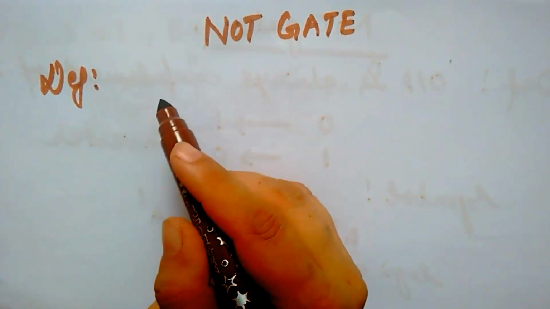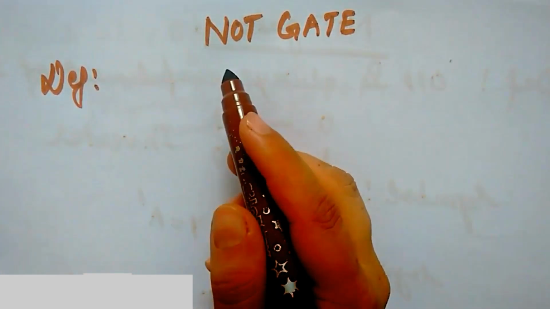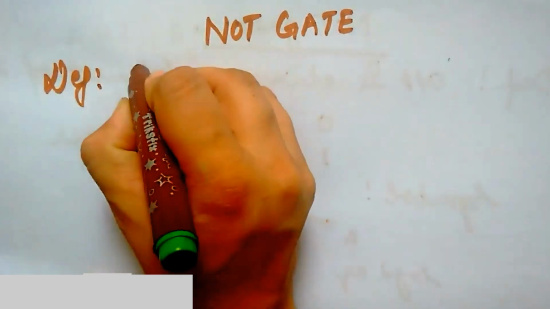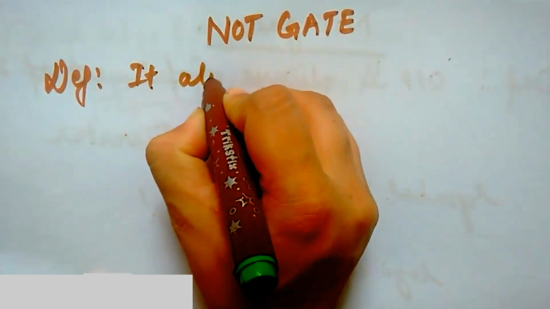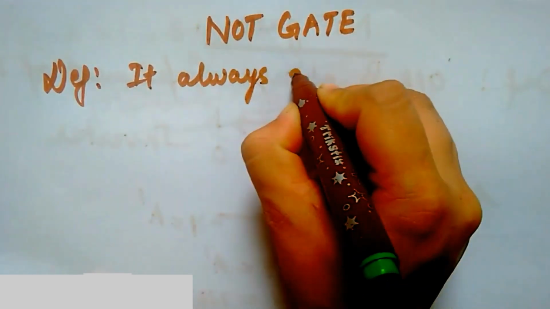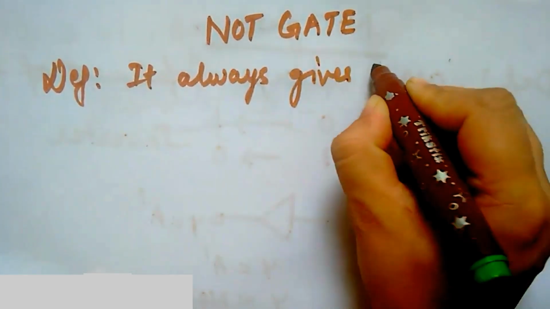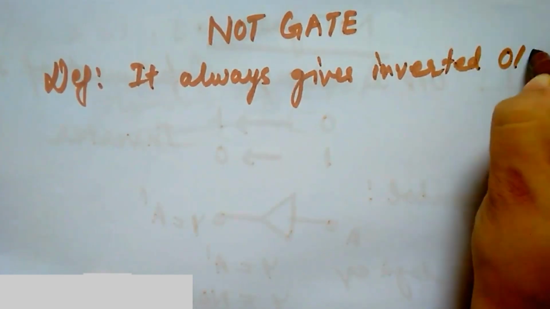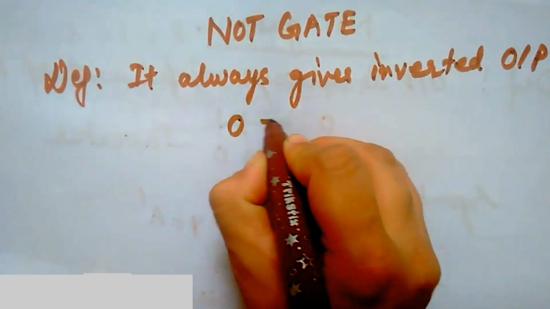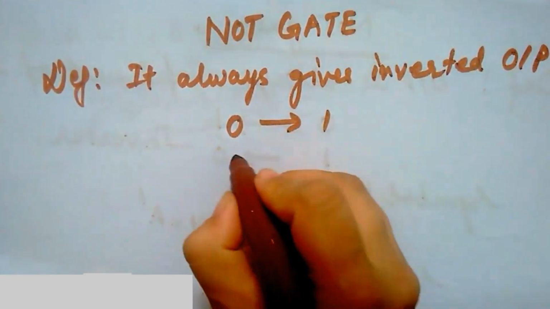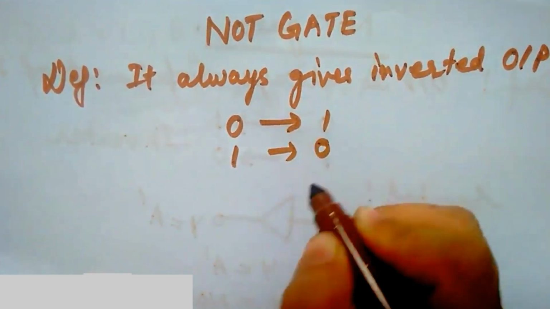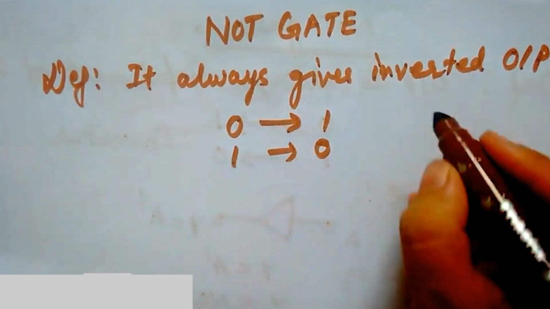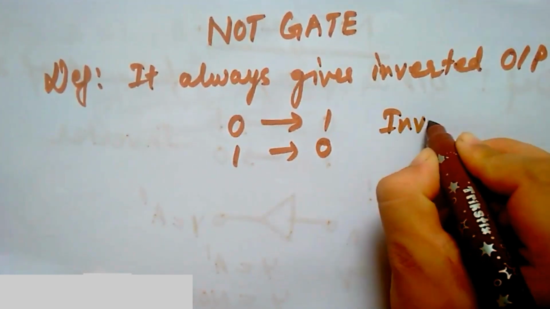So, NOT gate. The definition of NOT gate is that it always gives the inverted output. Inverted means if input is 0, then output will be 1, and if input is 1, then output will be 0. Therefore, the NOT gate is also known as an inverter.